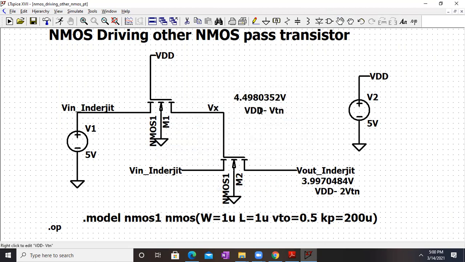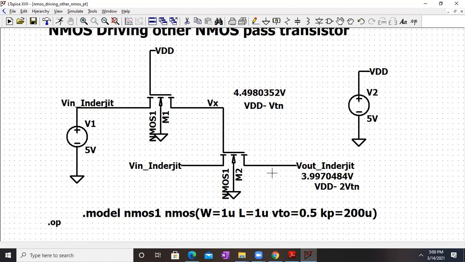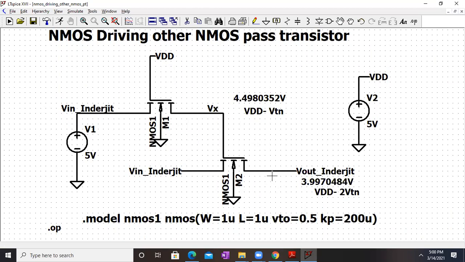So here Vx is VDD minus VTN, that is 5 volt minus 0.5, that is 4.5 it should be, but it is around 4.498. It is close to 4.5. And here Vout is VDD minus twice VTN, which is 5 volt minus 2 times 0.5, which is 4 volt. It should be 4 volt, but we are getting around 3.99. That's absolutely fine. So how do we get this in the first place?